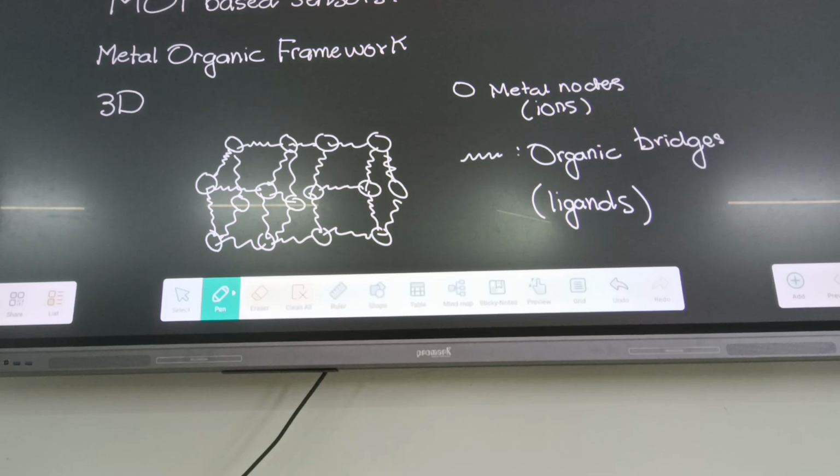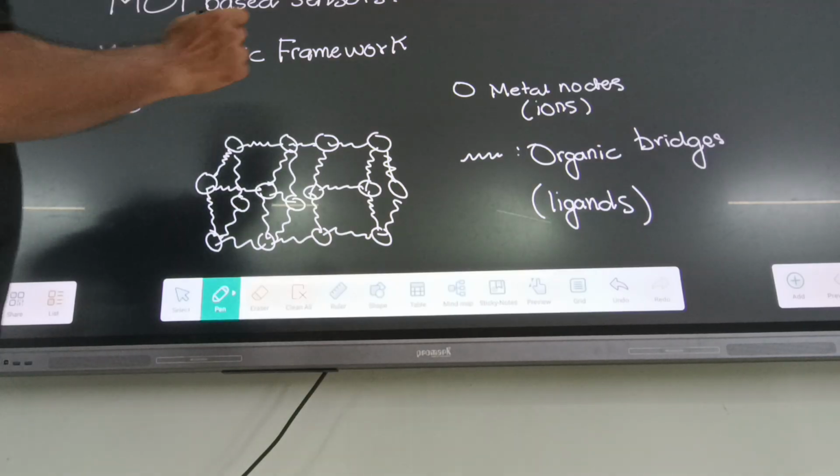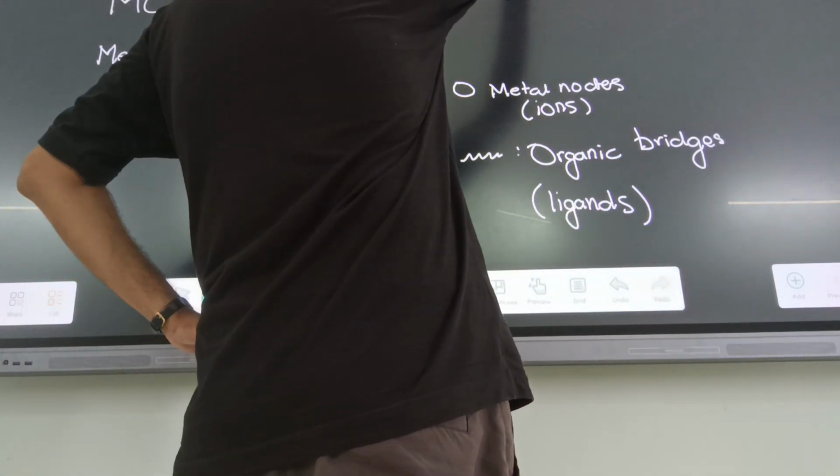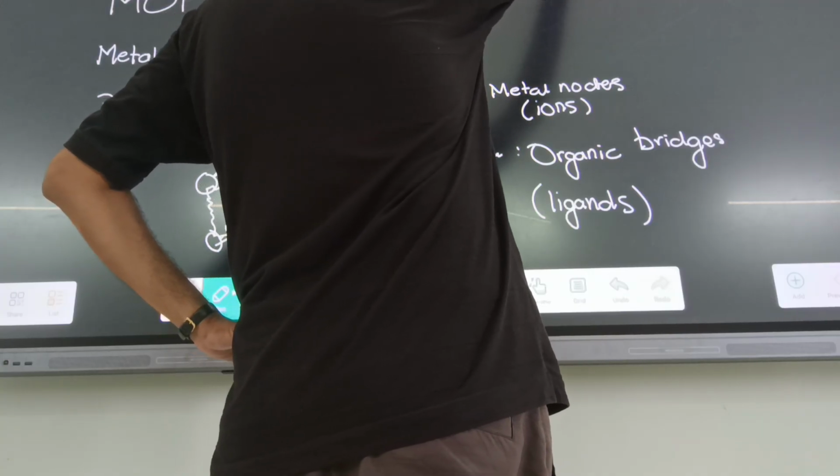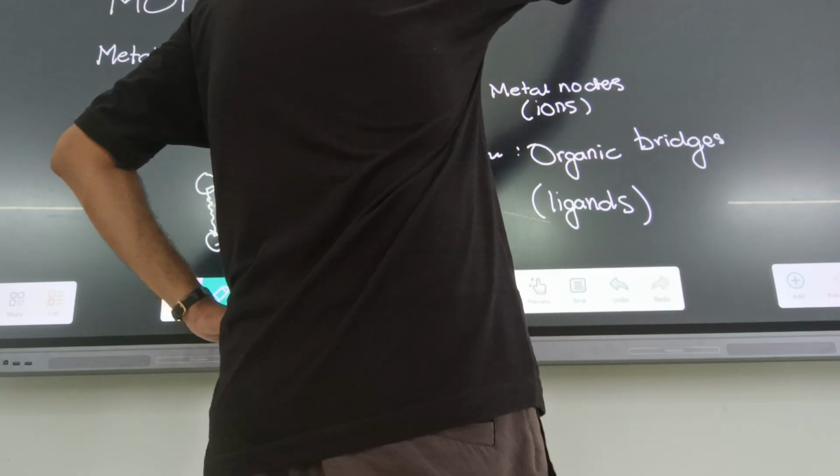This is used for sensing because it has some properties. For example, it is porous in nature. It is permanent.